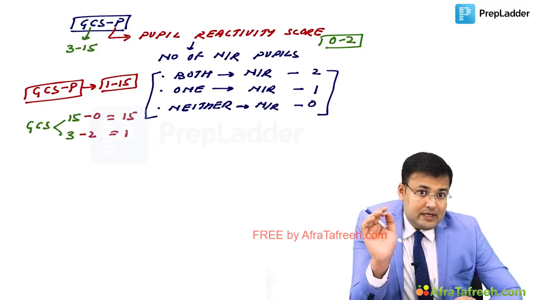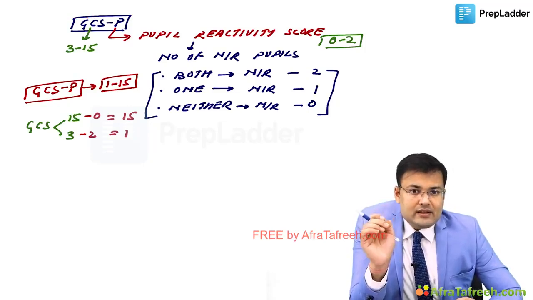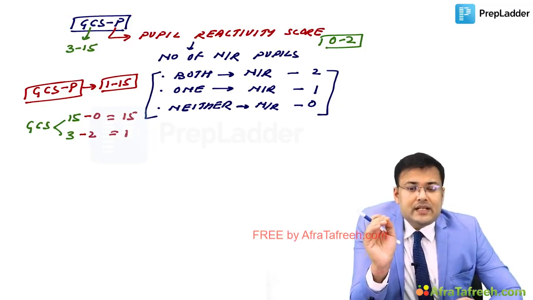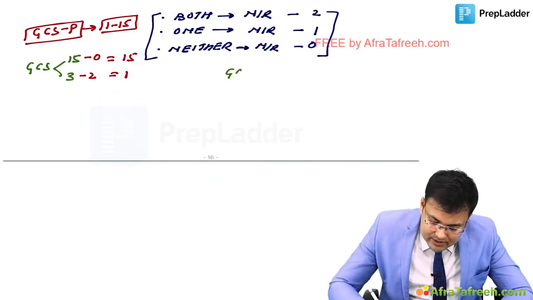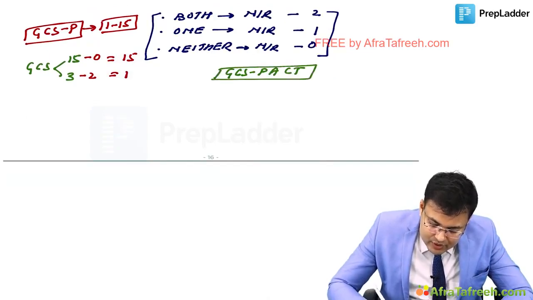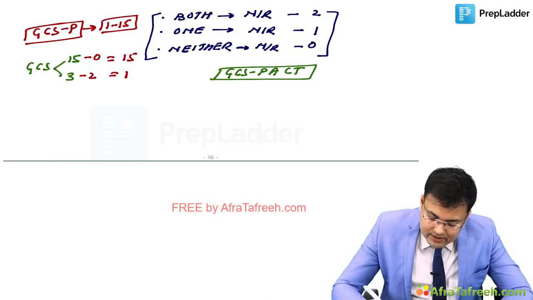There is a second update related to GCS, and that's known as GCS PACT. It's very easy to remember, GCS PACT, because it's like a mnemonic. So see what the components are.